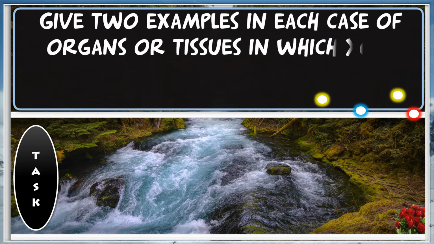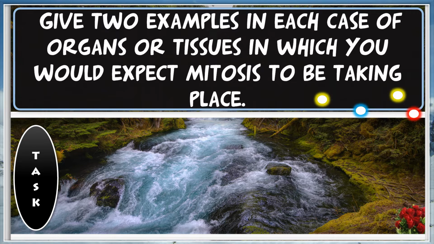Give 2 examples in each case of organs or tissues in which you would expect mitosis to be taking place.